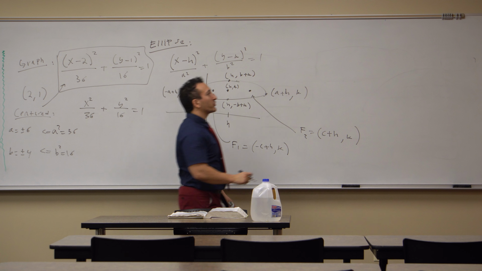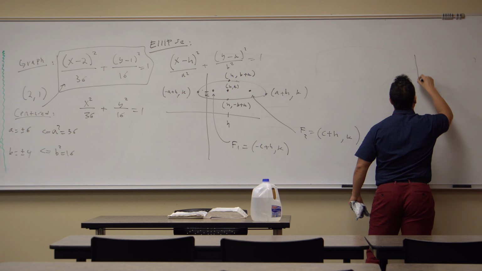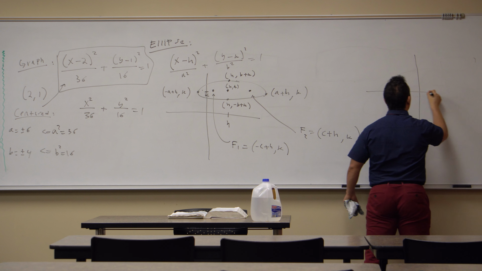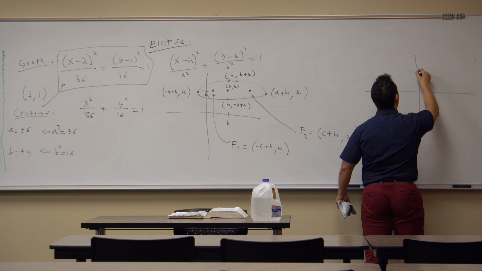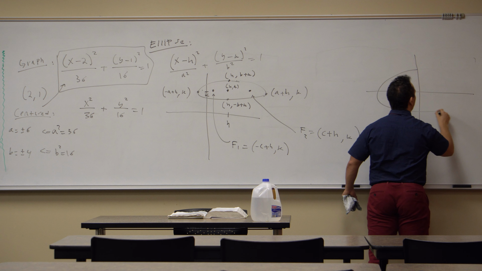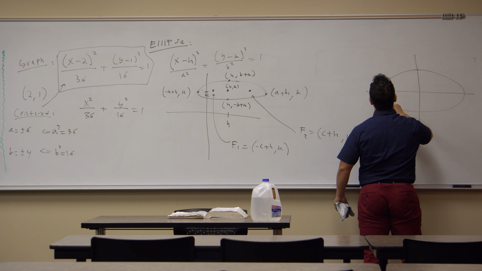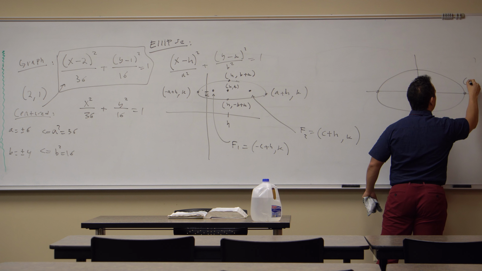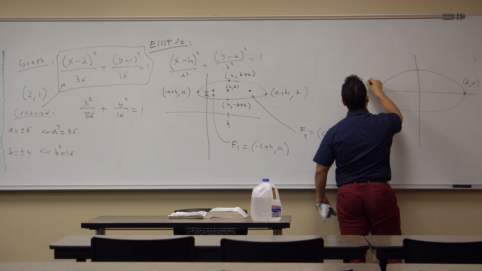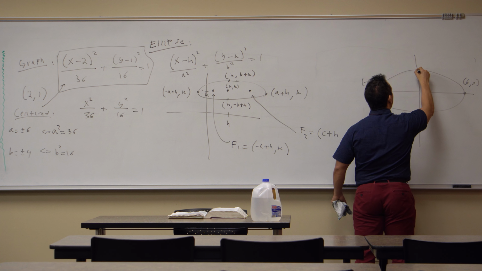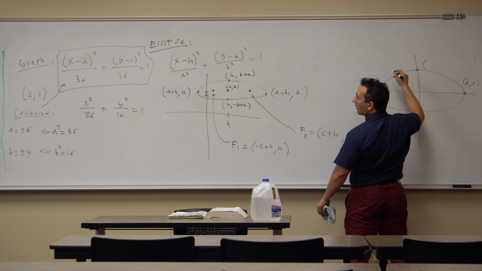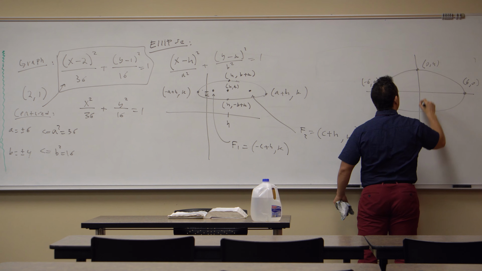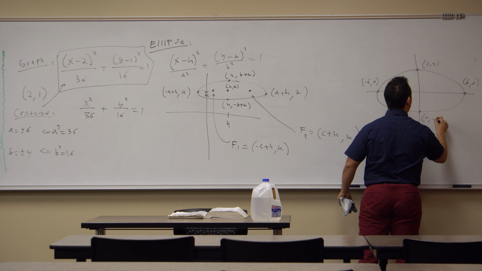So, okay, the major axis is on the x-axis because the number in the denominator from x squared is the larger number out of the two. Alright? So it looks like if it was centered at the origin over here, this would be at 6, 0, negative 6, 0. This would be at 0, 4, and this would be at 0, negative 4.